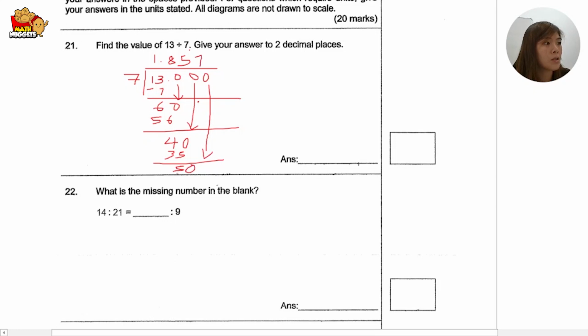7. Then you can go on, but we actually only need to give an answer in 2 decimal places, and we have 3 decimal places already. So we can change these to 2 decimal places. How to do that? We have 1.857, which is 3 dp.